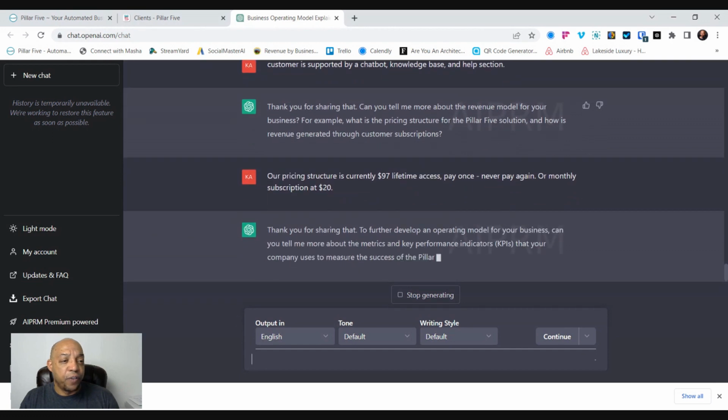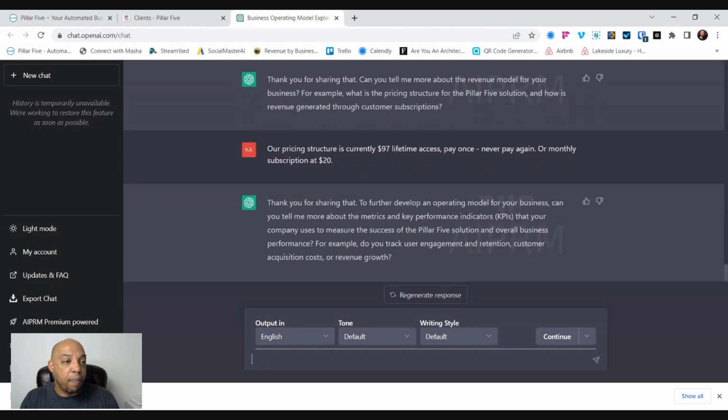Okay. To further develop, can you tell me more about the metrics and key performance indicators that your company uses to measure the success of the solution on the overall business? We use the number of businesses generating over 250,000 annually as our main metric, because our goal is to make the impact, right?